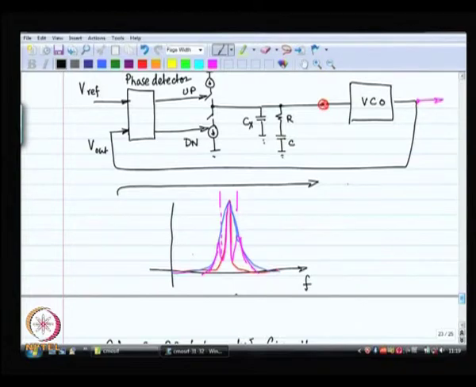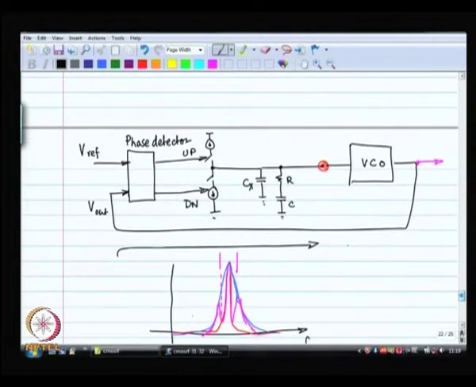Now, this is a phase lock loop in general. We said that our analysis works only when the loop bandwidth is some fraction of the oscillation frequency, something like 1/10 of the oscillation frequency. That is when the phase lock loop really is going to work.